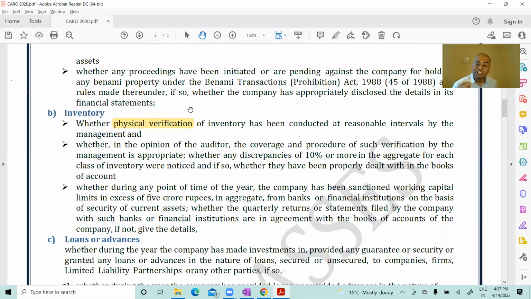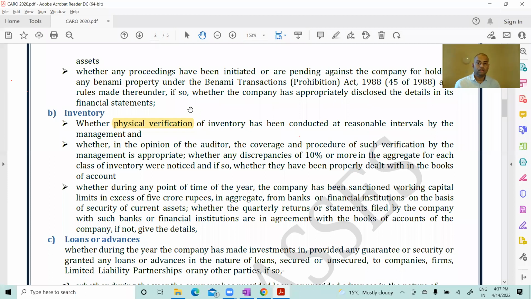Guys, do you know there is one standard in auditing on this? Do you know there is a standard on auditing on this? SA, tell me the number. Excellent. 501. Correct. SA 501. SA 501 has 4 parts. In those 4 parts, first one is physical verification of inventory. What is stated in SA 501?